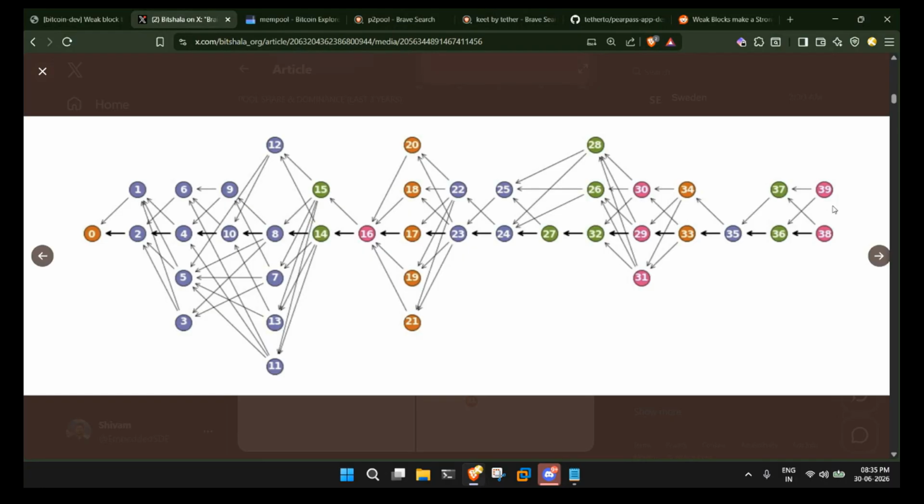Directed acyclic graph means it goes in one direction, but there can be many branches and multiple strands or anything.